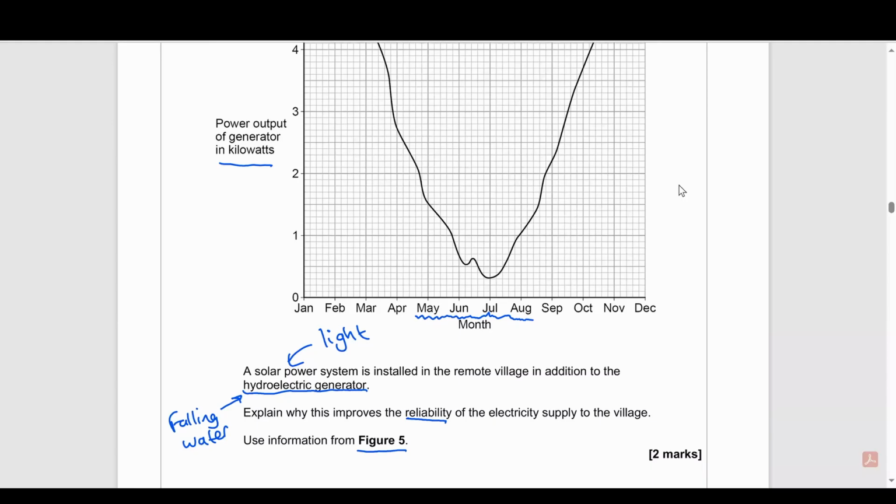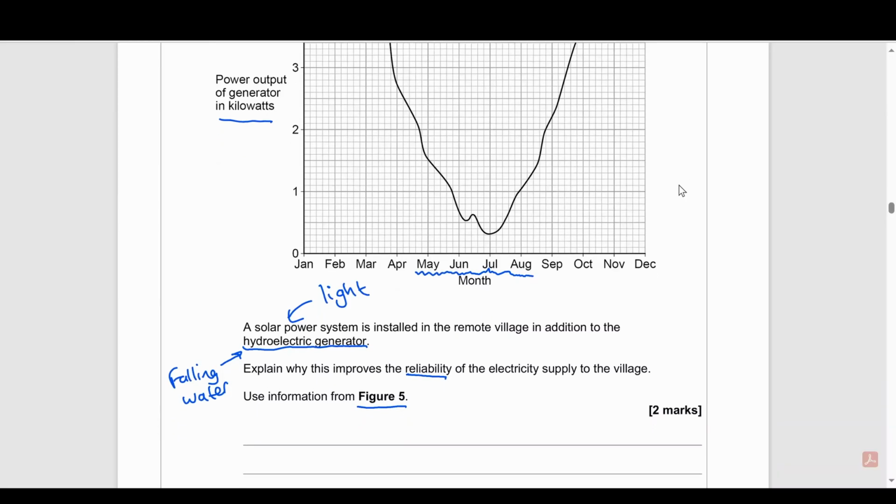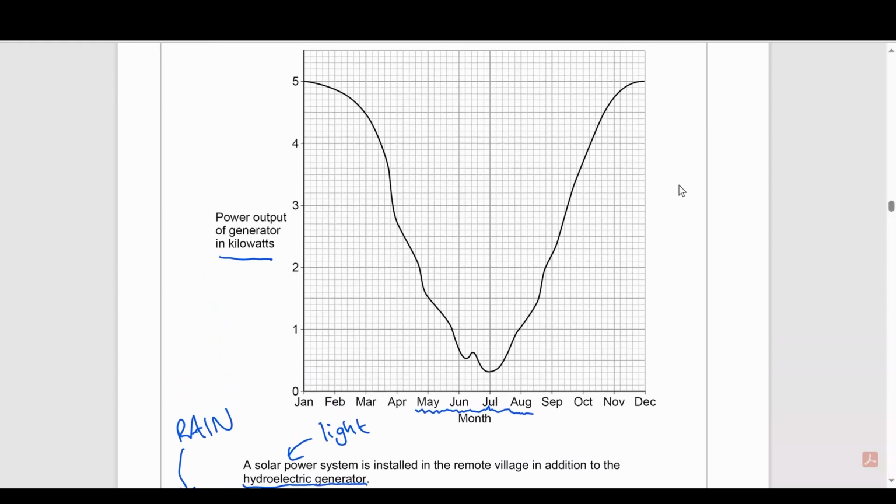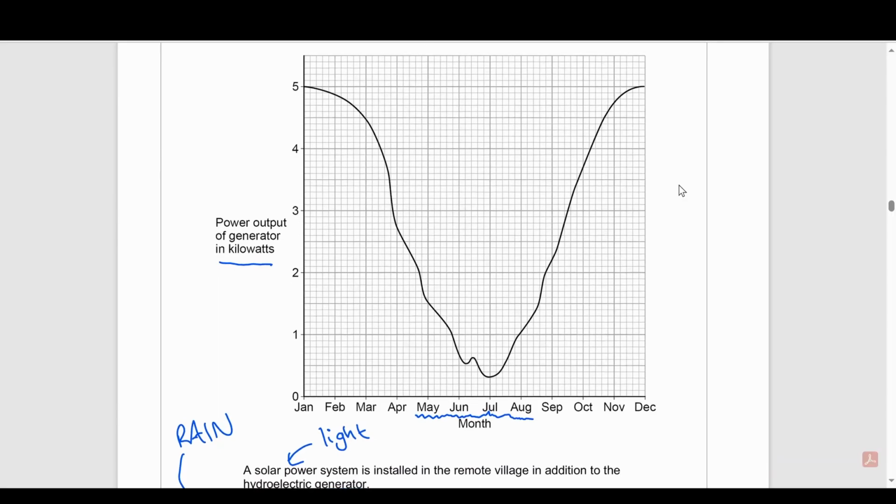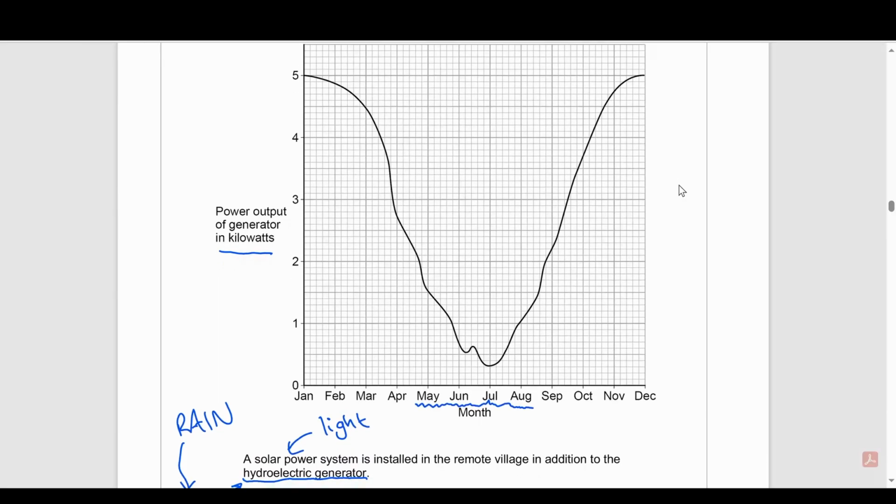What would be an example of falling water? That would be rain. So when would we expect there to be rain? Well, most of the time it would be occurring in the spring season, and that would fall around March, April.